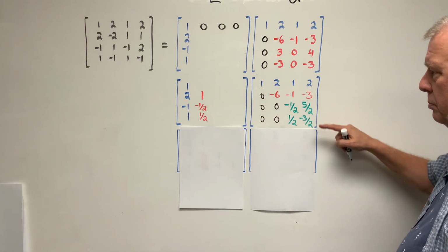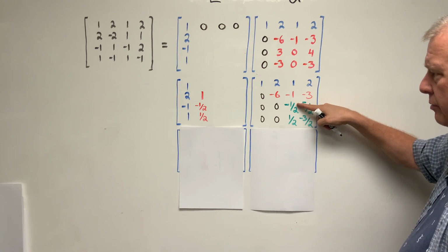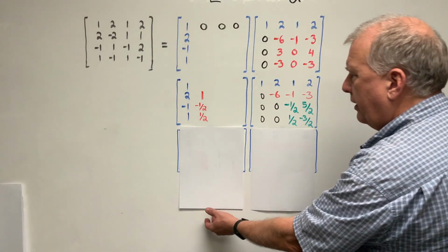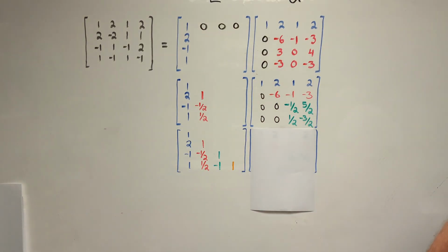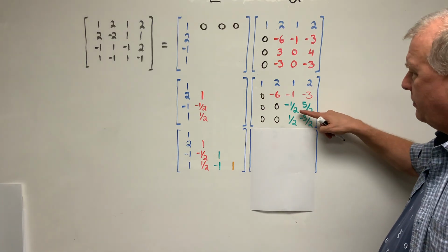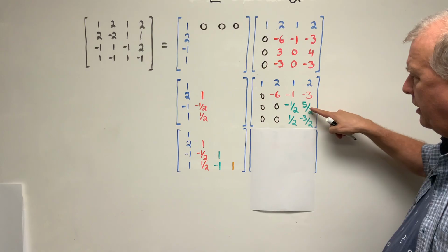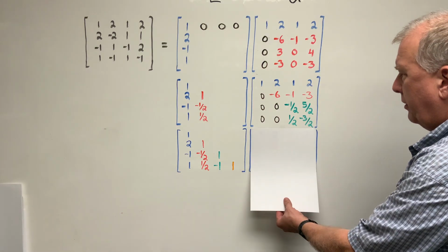I'll take -1/2 divided by -1/2 and 1/2 divided by -1/2. That's what must occur in the first column. And what must occur in the first row is -1/2 and 5/2, the first row of this green thing that I'm building.